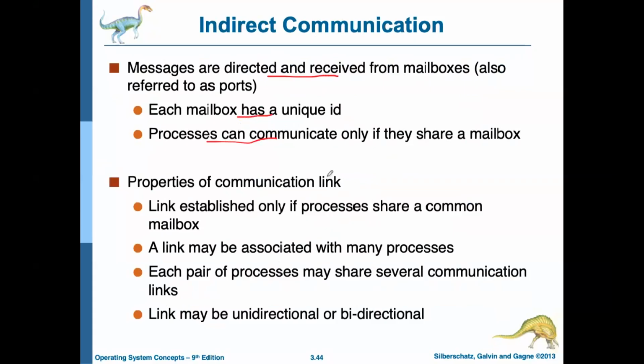Properties of the communication link: a link is established only if processes share a common mailbox. A link may be associated with many processes. Each pair of processes may share several communication links. The link may be unidirectional or bidirectional.